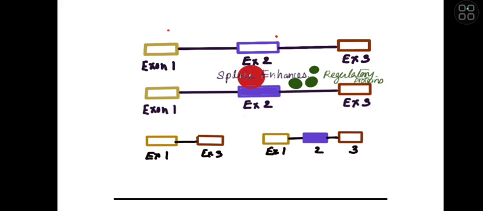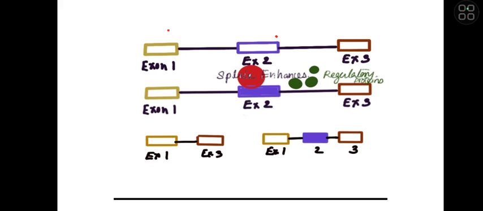In exon 2, the splicing enhancers bind to this region, which determines whether it should be bypassed or retained. The binding of the splicing enhancer to exon 2 results in other regulatory proteins coming to bind to exon 2.